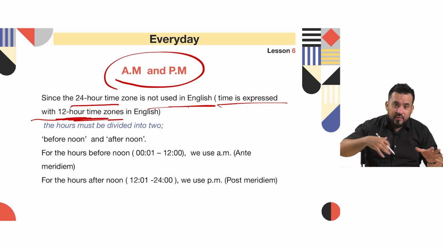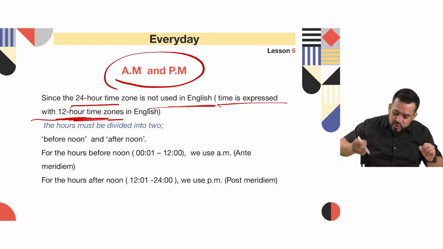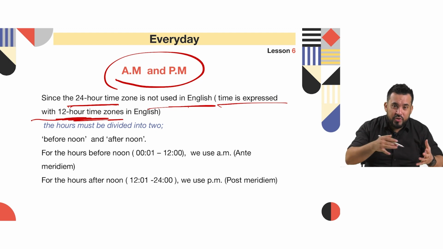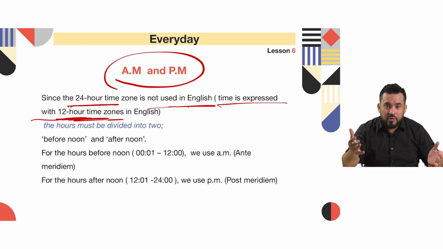Military time, army people, they use the 24-hour time. Also, pilots and flight people in airports, when you book your tickets, you'll see your flight is at 14:30 or something. So that is for airlines, flights, and army. But normal people, we just use the 12-hour time.